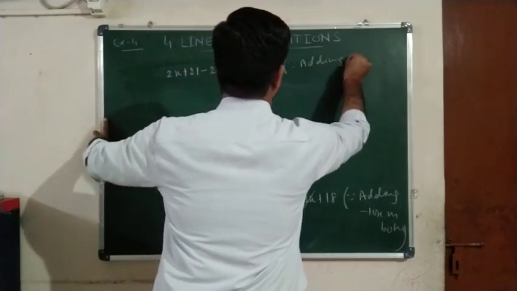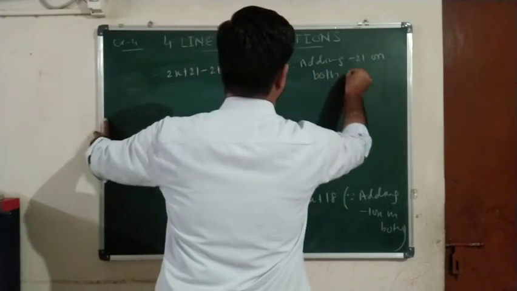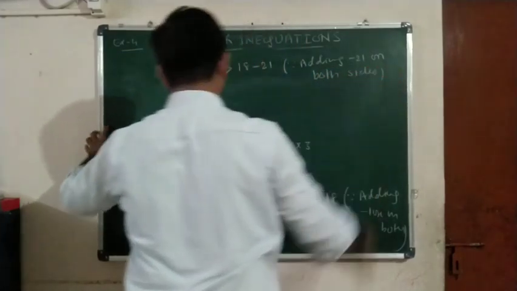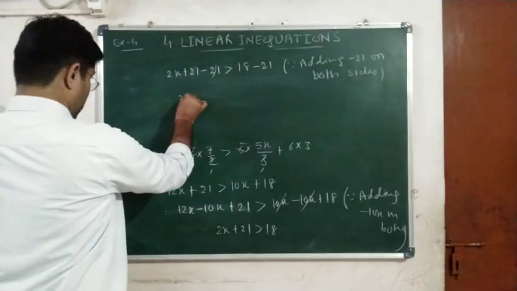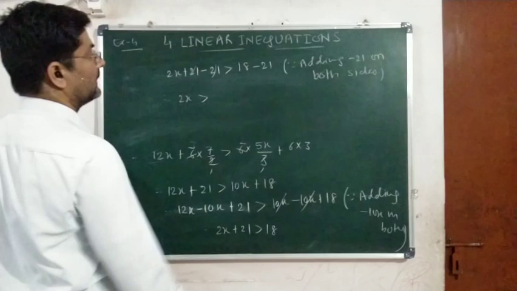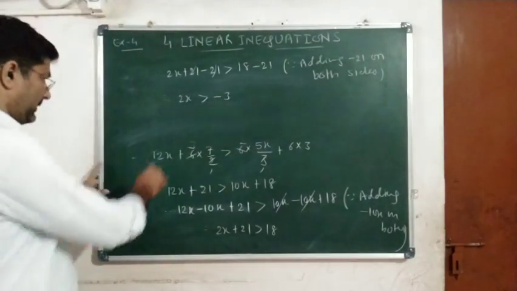Since we are adding minus 21 on both sides, we are left with 2x greater than minus 3. Now let us divide both sides by 2.